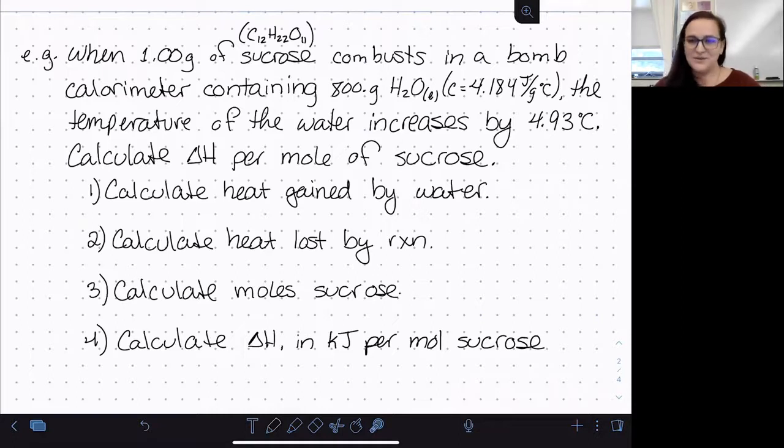But we can generally go through the same process, figure out how much heat was gained by the water, equal and opposite to the heat lost by the reaction.